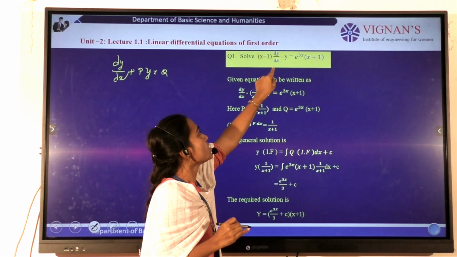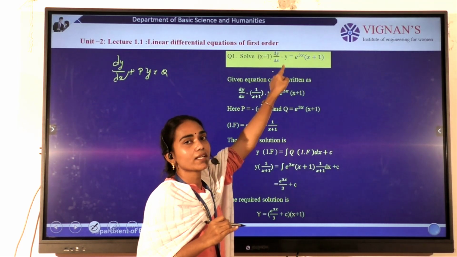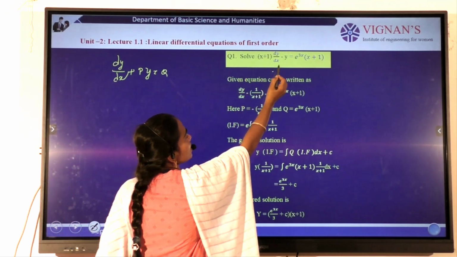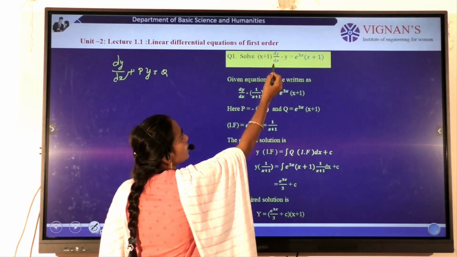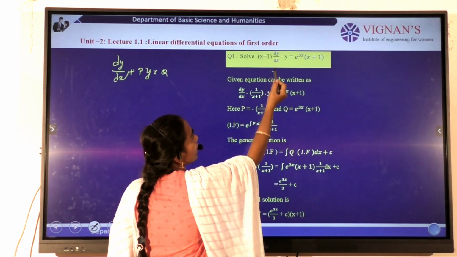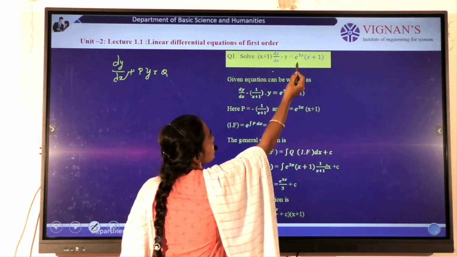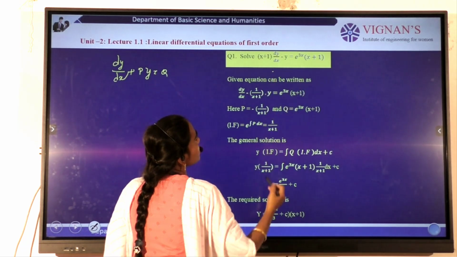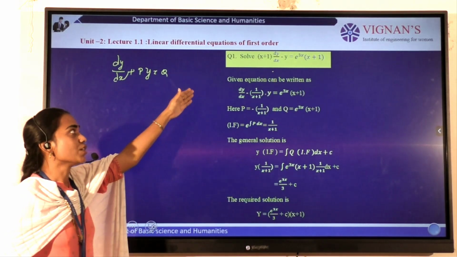So to get the general form, we have to divide the entire equation with x plus 1. After dividing, we get dy by dx minus 1 by x plus 1 into y is equal to e power 3x into x plus 1 by x plus 1, which is a general form.